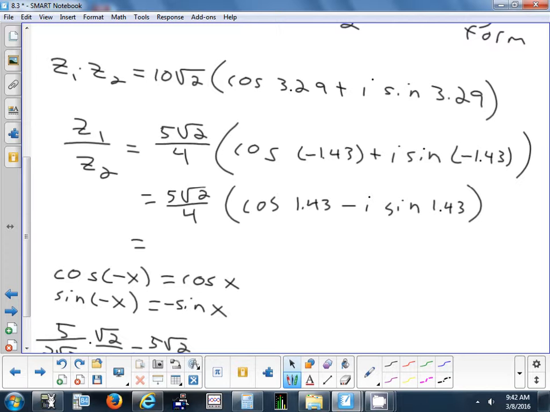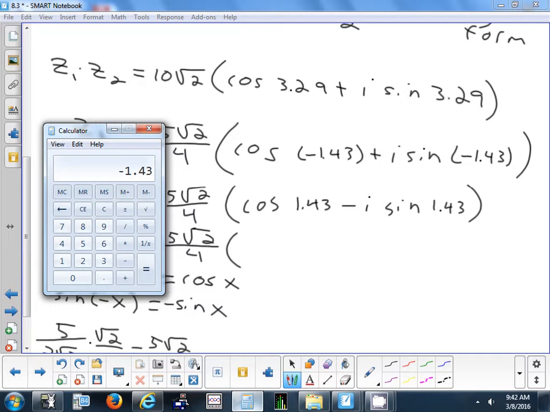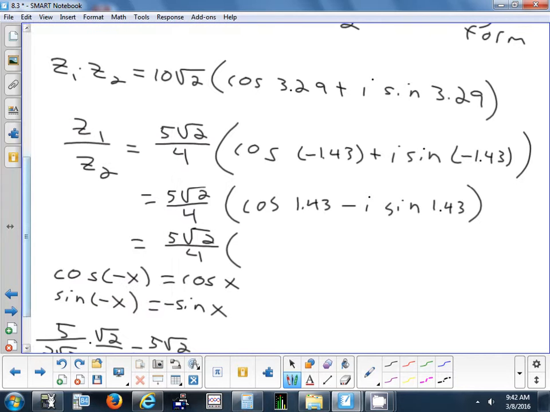But if you wanted to take the original and instead say, you know what, I'm going to get rid of this negative by adding 2 pi to it, that's fine. Okay, I added 6.28 and I got 4.85. These are both correct.